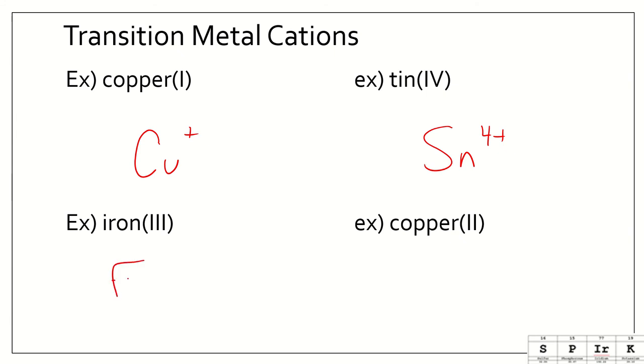Iron III is Fe, 3 plus. And copper II is copper 2 plus. Now, if someone just says it's a copper ion, we don't know what charge this ion has. So when we're writing the names of transition metal ions, we must include a Roman numeral after it. Otherwise, we don't know what charge it is.